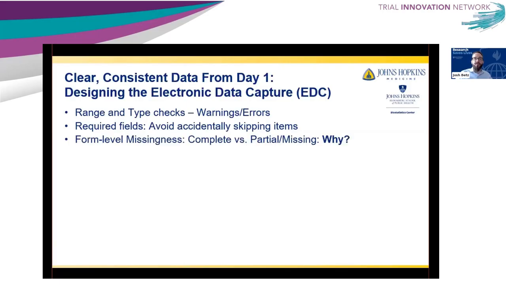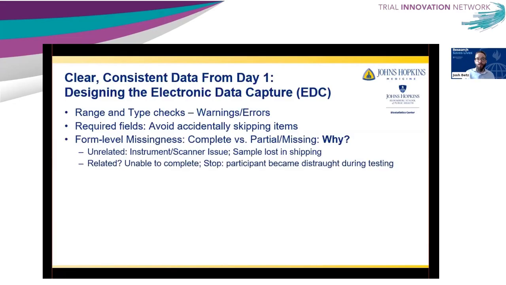And whenever we have missing data from either a missed assessment or a partially complete assessment, it's important we have fields in the EDC that allow us to document why these things are missing. And importantly, are these things that are unrelated to the participant status? For example, the MRI scanner being down doesn't depend on your cognitive status, or a sample being lost in shipping doesn't really relate to a characteristic of an individual.